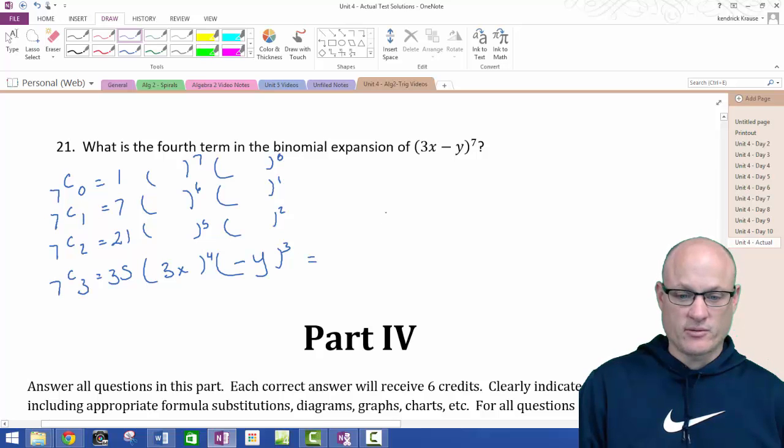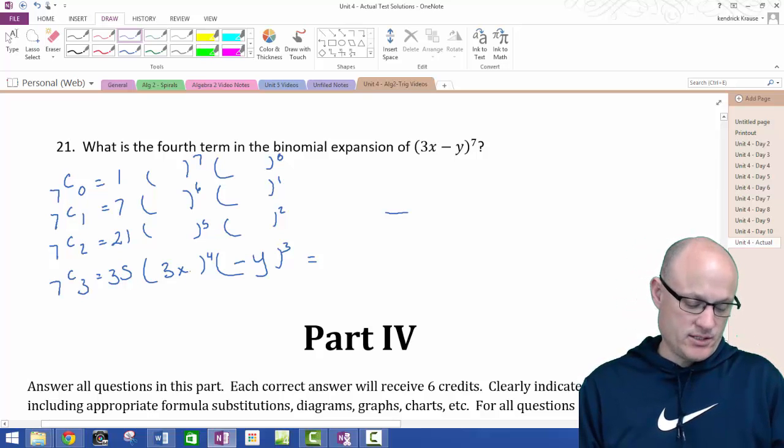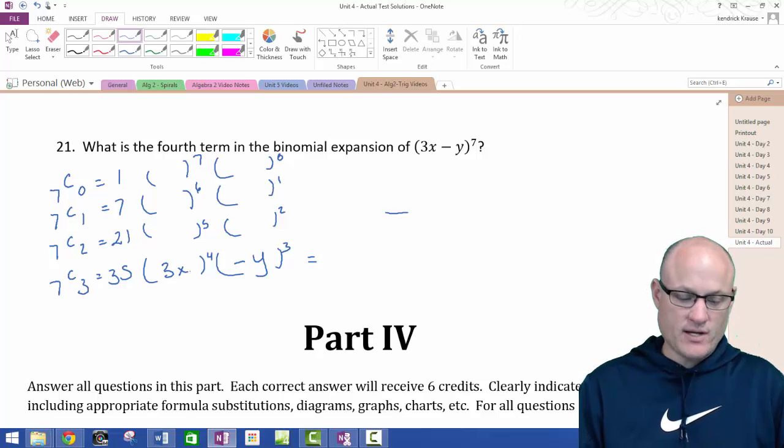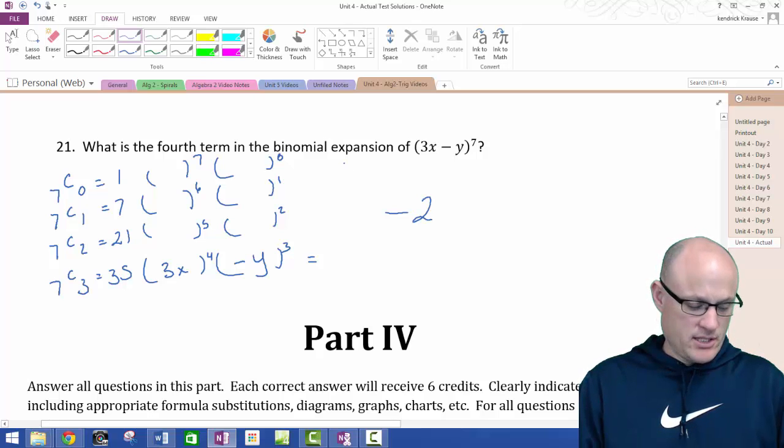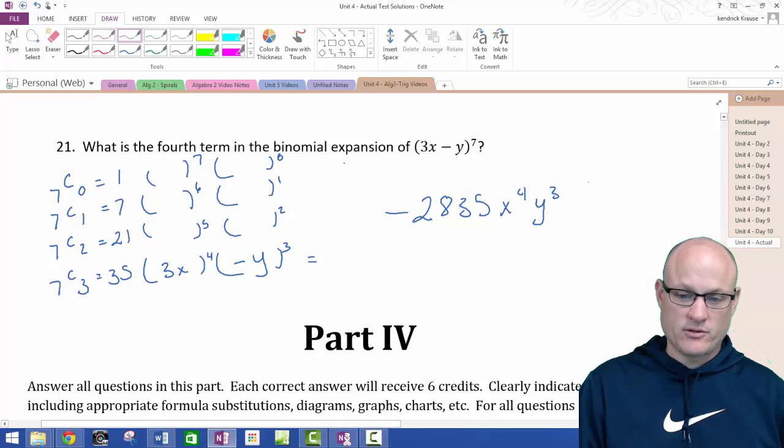So I know my answer is going to be negative something. 3 to the 4th is 81, and 81 times 35 is 2,835. Well, it's negative because of this negative cubed. x to the 4th, y cubed.